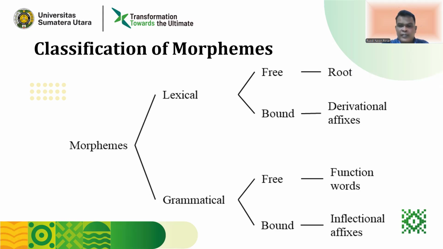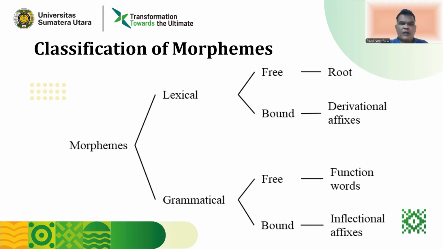And the next one is bound morphemes for grammatical morphemes, which include inflectional affixes. So the affixes which are involved in the process of inflection, the process of building new words without changing the meaning of the words. Why? Because we build new words only to fulfill the grammatical needs of a word.